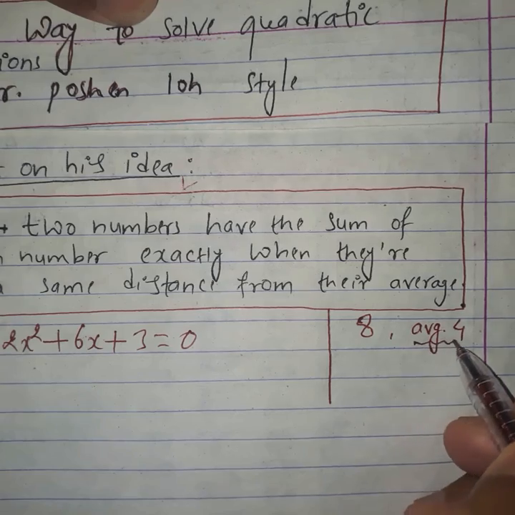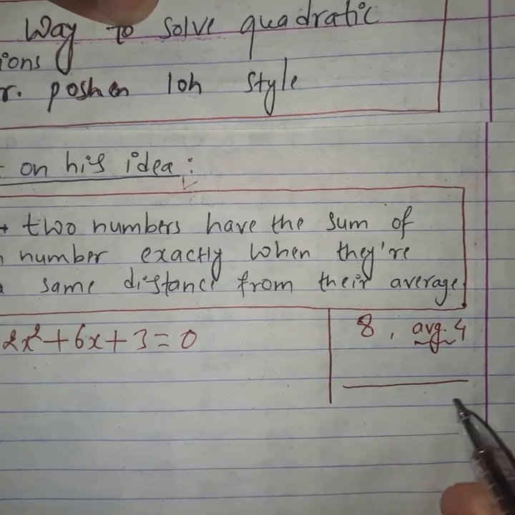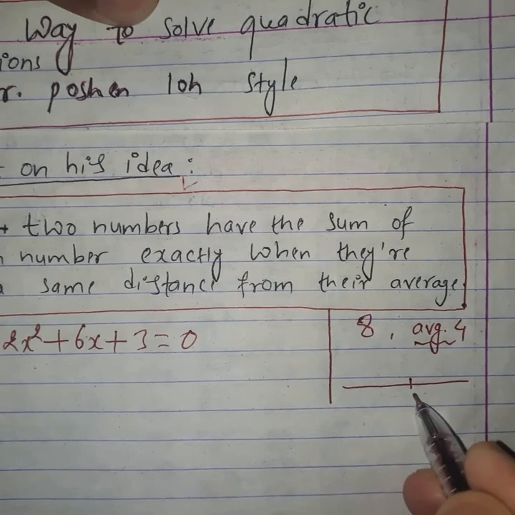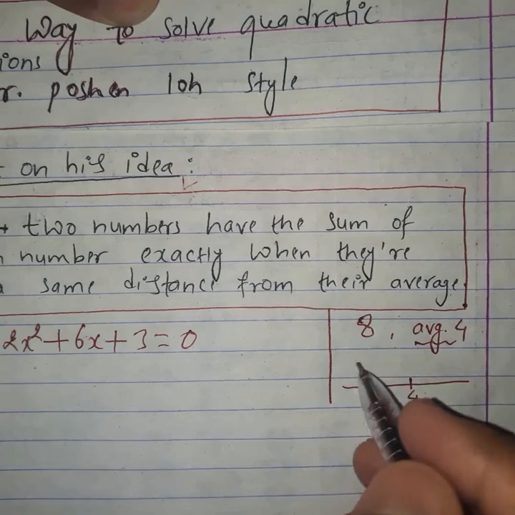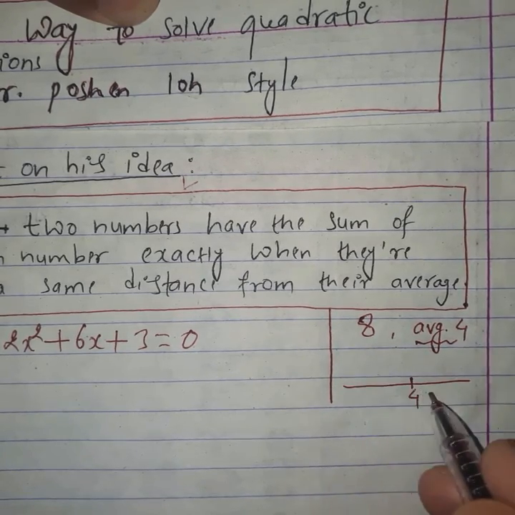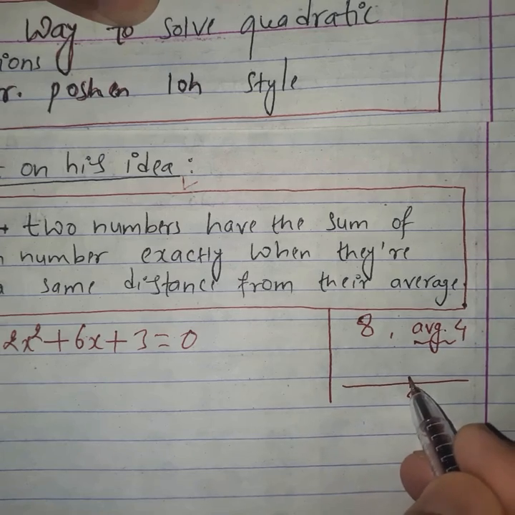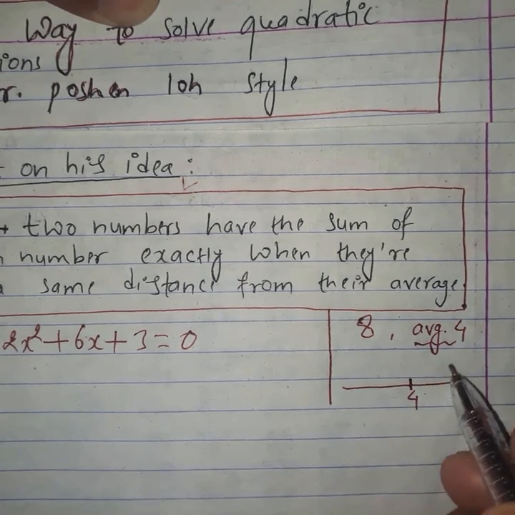This is the average of the two numbers whose sum is 8, and the two numbers are precisely pinpointed by this method. Here this is the average, and the numbers are at the same distance from the average.